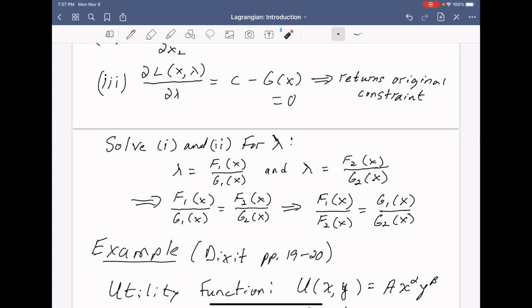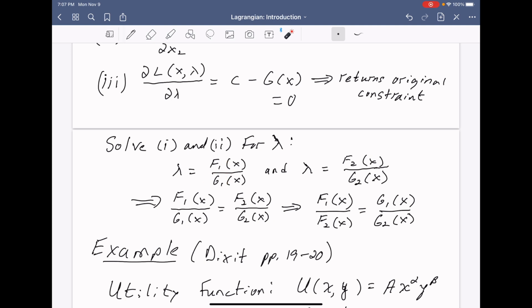So the approach to solving this, in this case, is first to solve 1 and 2. If we look at 1, we solve it for f1 over g1 being equal to lambda, and for the second partial derivative set to 0, we get f2 over g2. Remember, these are partial derivatives with respect to x2, and this one with respect to x1.